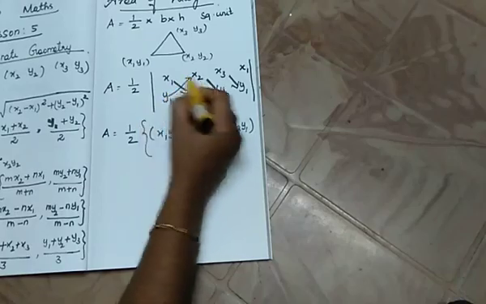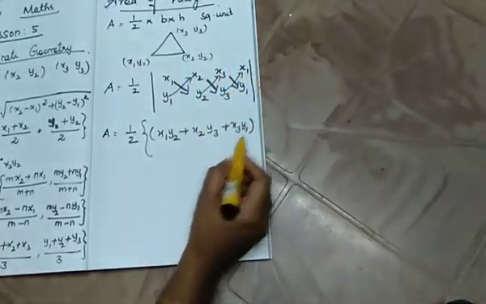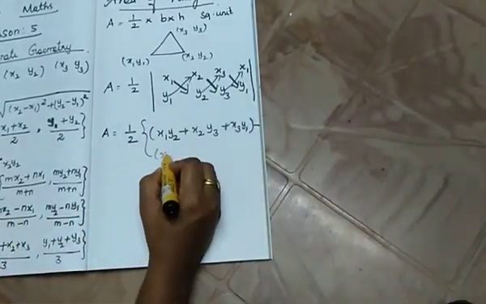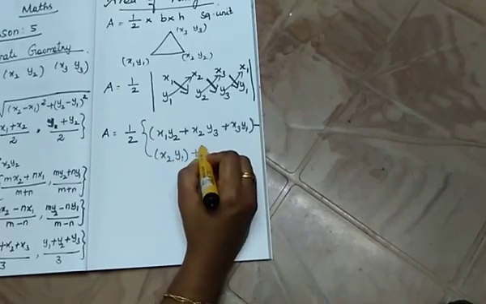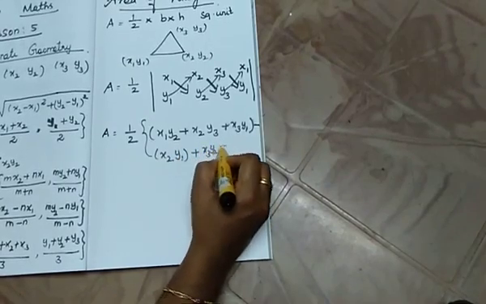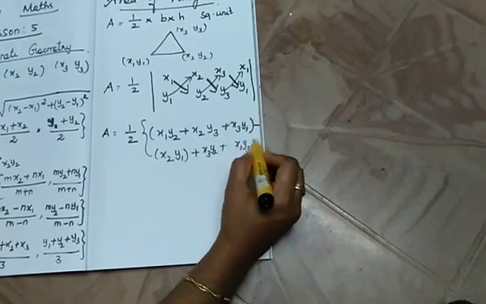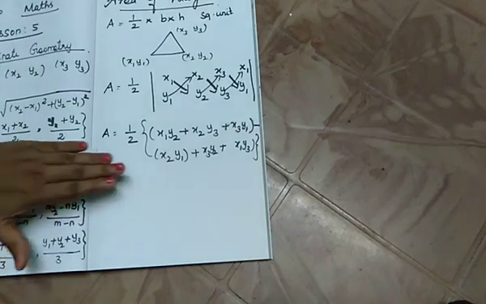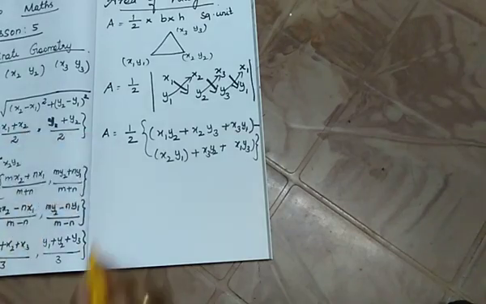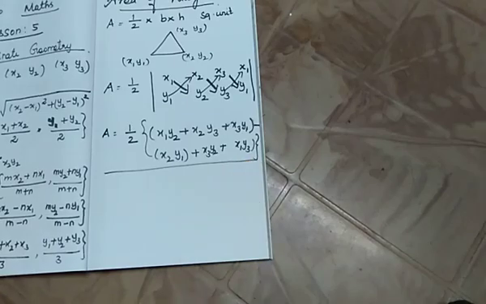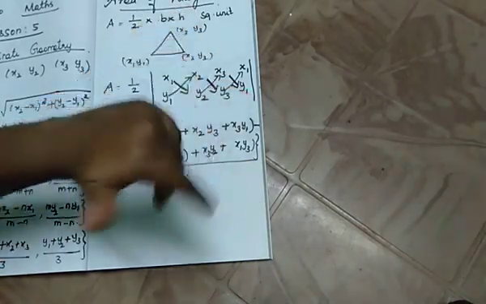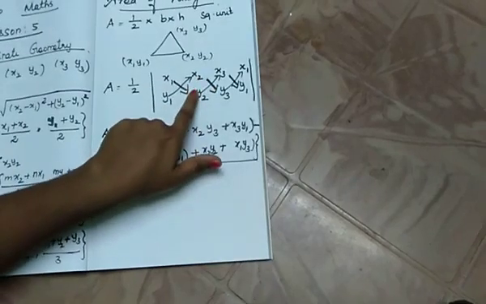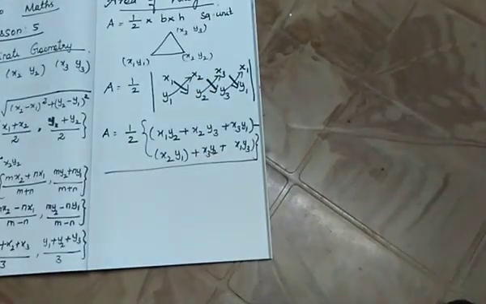Now go from the top, that is minus, x2 y1 plus x3 y2 plus x1 y3. If 3 points are given, this is the formula to find the area of a triangle. Since it is very difficult to memorize, that's why this shortcut for how to write the formula.